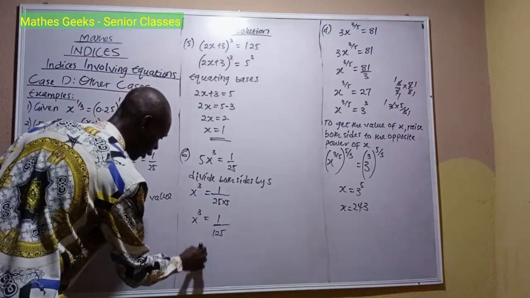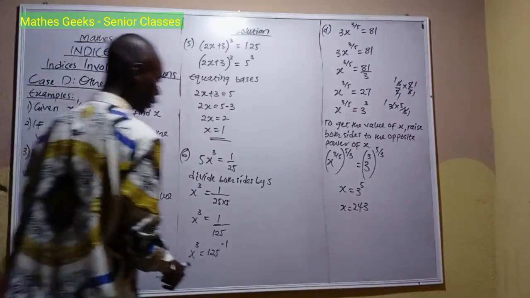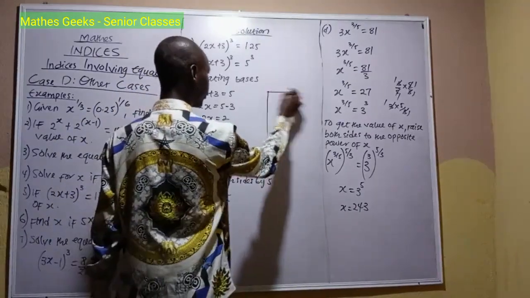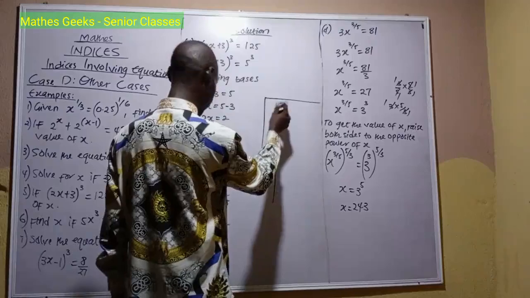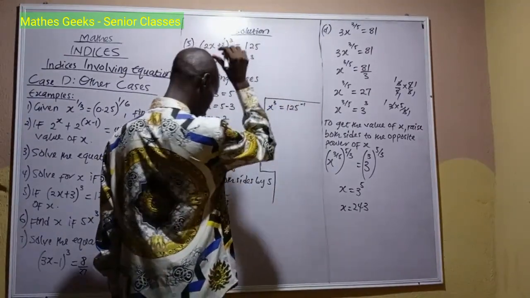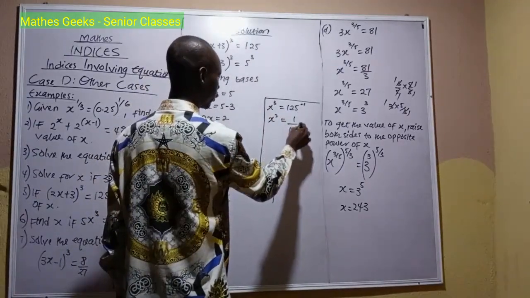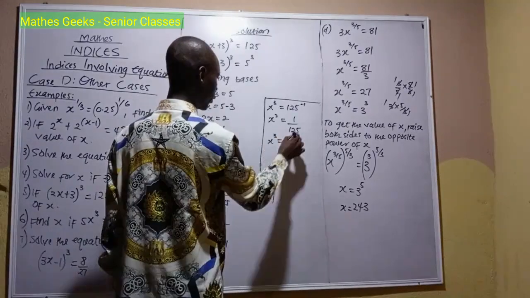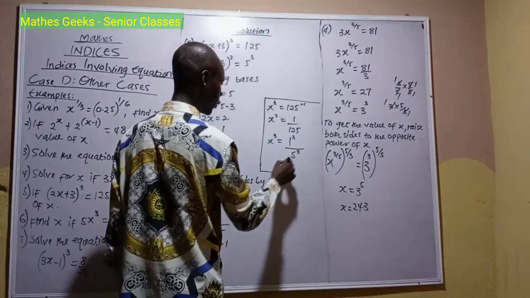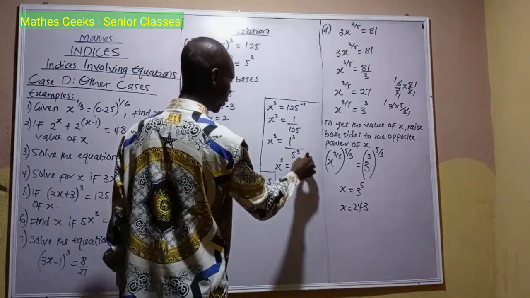Of course, this will give us x raised to the power 2 equal to 125 raised to minus 1. So x raised to the power 2 equals 125 raised to minus 1, and x raised to the power 2 equals 1 over 125. x to the power 2 is equal to 1 over 5 raised to the power 2.